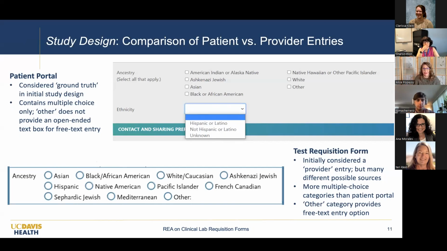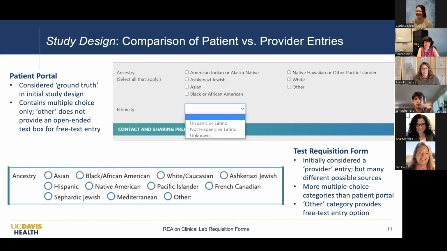I tried plotting some of these things, but the problem was, and this was pointed out to me by a philosopher colleague, Mark Fadick at UC Davis, that there is no ground truth, because what someone says they are in this setting and what somebody else observes about their identity in another setting, the compendium of all of those things together makes up what that person's identity is. You can't really split it apart and say that one's true or one's not. So you can't really do a true ROC curve. So we kind of went away from that.